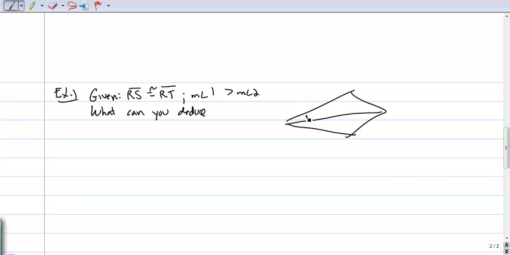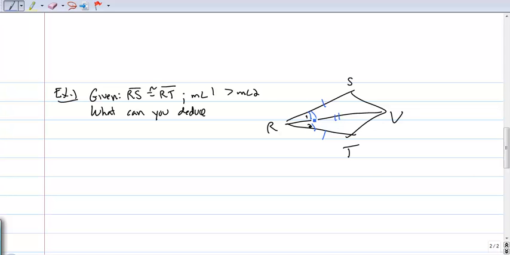So, angles 1 and 2, points R, S, V, and T. Well, we're given that RS is congruent to RT. We're also given that segment RV is congruent to itself. Well, we're not given that. We can conclude that by the reflexive property.